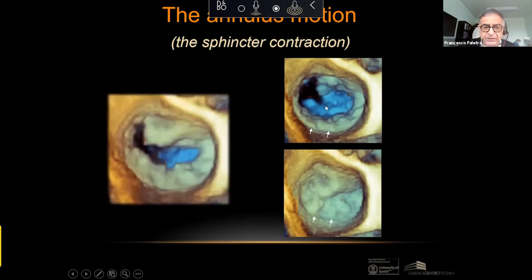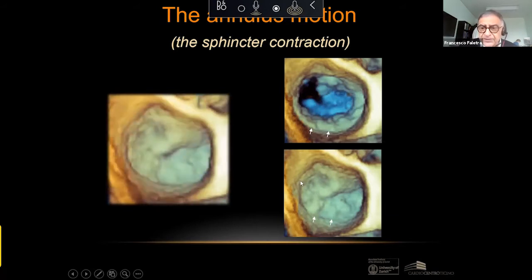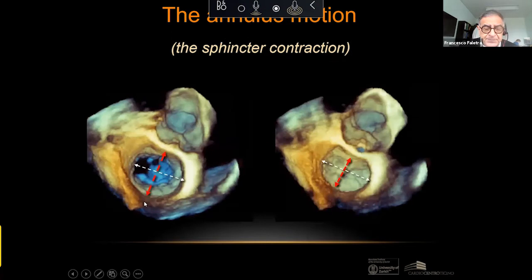For this reason, the shape of the annulus is almost round in diastole. It becomes elliptic in systole because the bicommissural diameter remains almost the same, but the anteroposterior diameter shortens very much, thus favoring the coaptation of the leaflets.